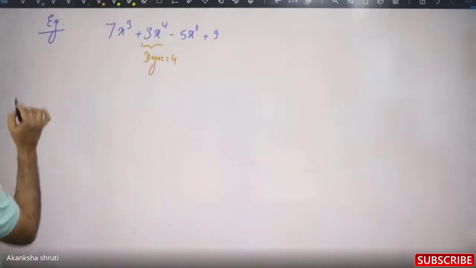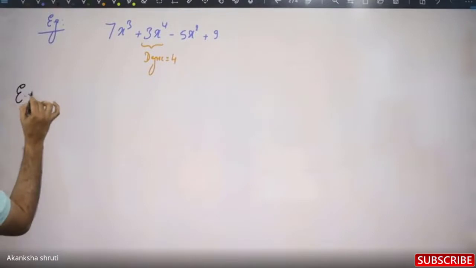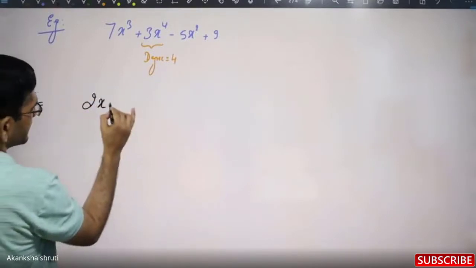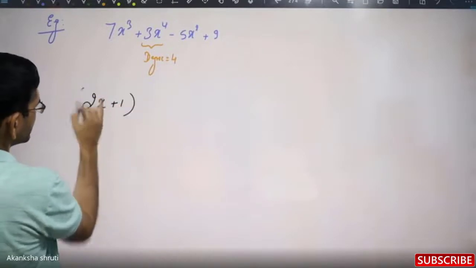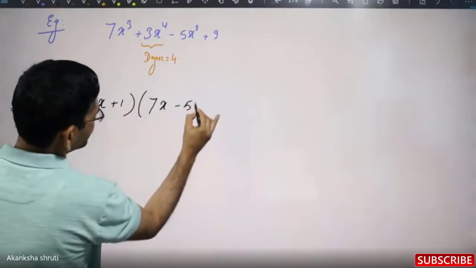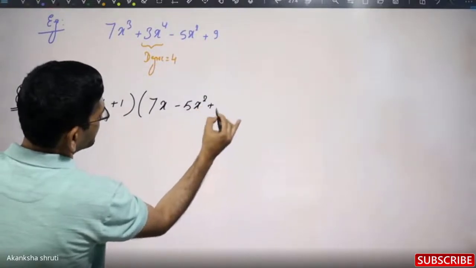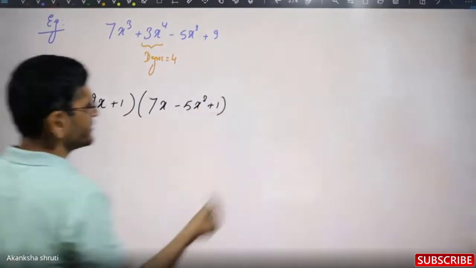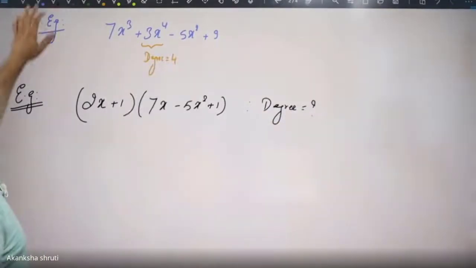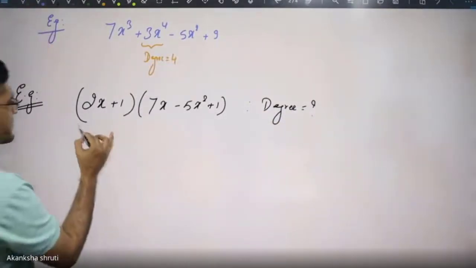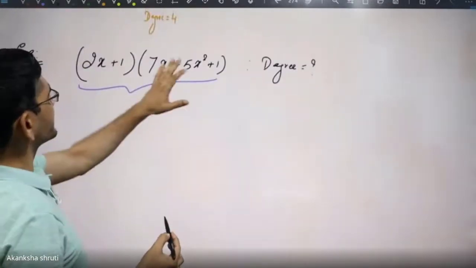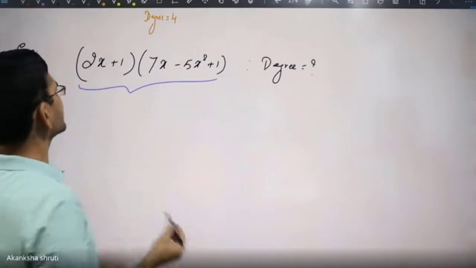Students, before going to the questions, let me take one more example. Say (2x plus 1) times (7x minus 5x square plus 1). If anyone asks you the degree, what is the degree? Again, you need to first simplify this, but no need for complete multiplication if only the degree is asked.